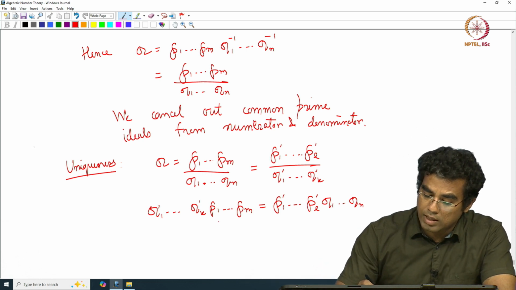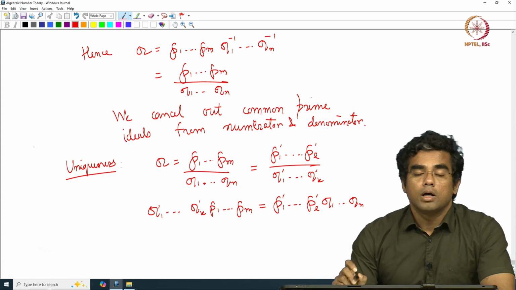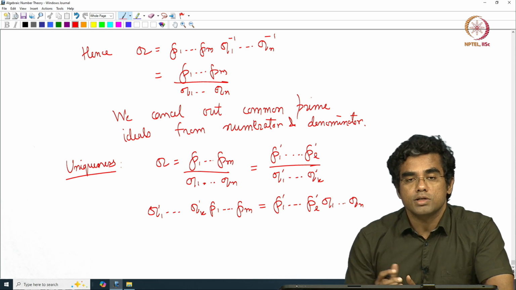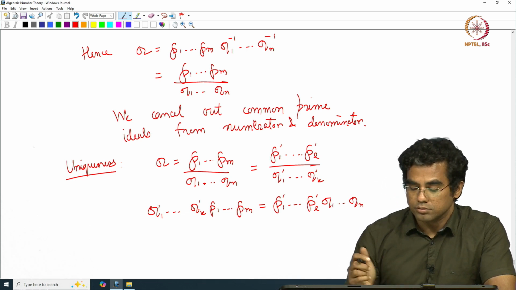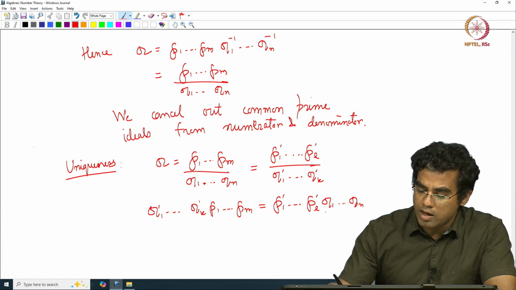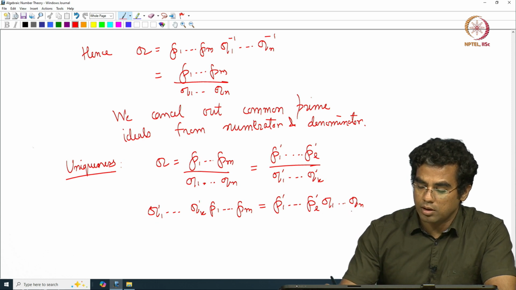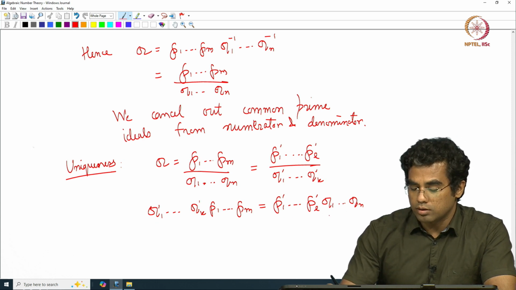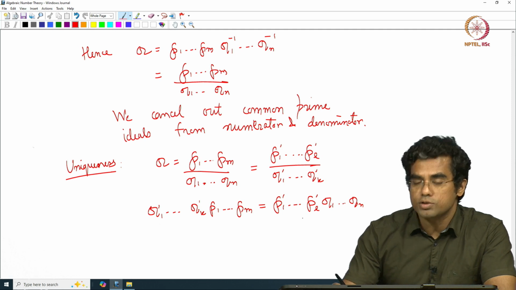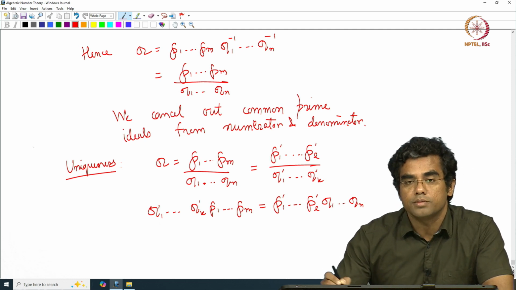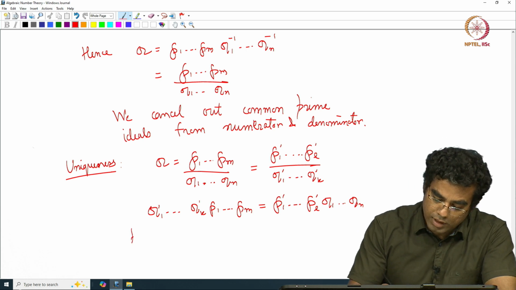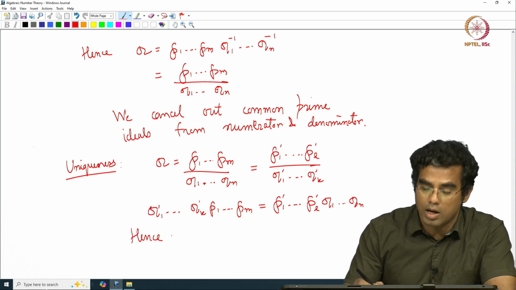Now, the point is that we now have equality of two prime factorizations of ideals, and we already proved uniqueness there. Okay. So, each Qi prime must also appear on the right hand side, but it can't appear among the Pi primes, right. So it must appear among the Qi.